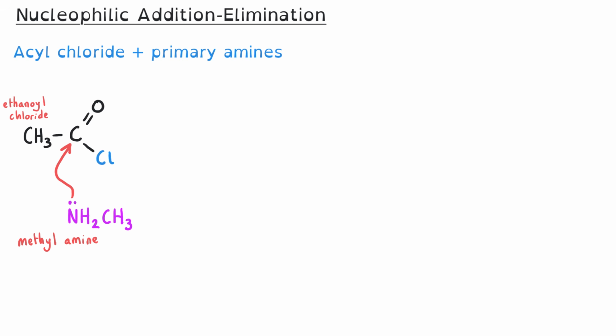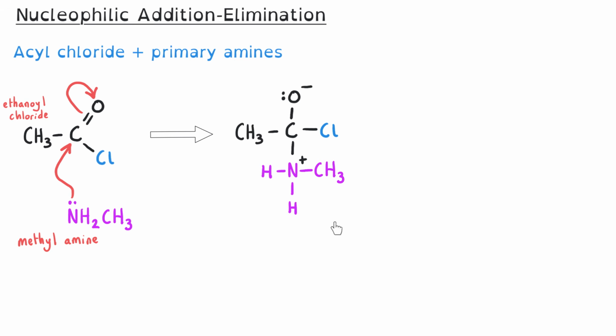That lone pair forms a new bond between the nitrogen and the carbon, and the bond between the carbon and the oxygen partially breaks, with the oxygen taking both electrons from the bond. Then we produce our intermediate, which needs to have a negative charge on the oxygen and that lone pair, and the nucleophile is now attached to the carbonyl carbon, but it will be positively charged because it's used its lone pair to form this new bond.